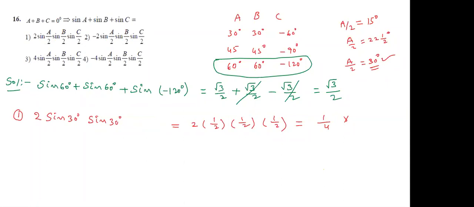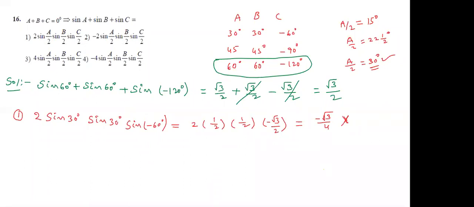Because what is C? Minus 120. Here I want to write minus 60, or not? Sine of minus 60, what is that? Minus root 3 by 2. So the answer is minus root 3 by 4. This is the wrong answer.